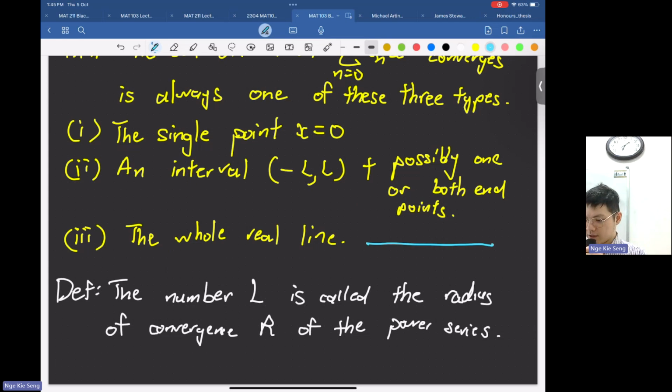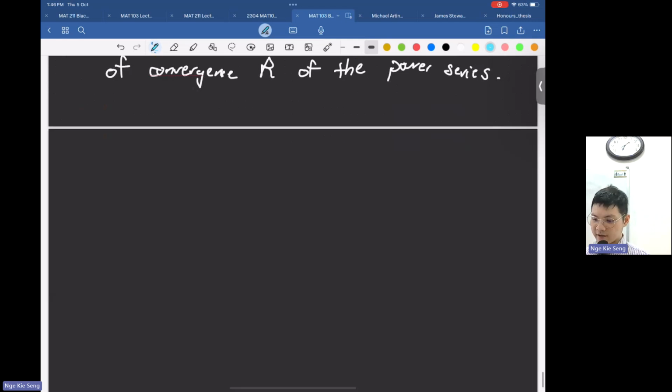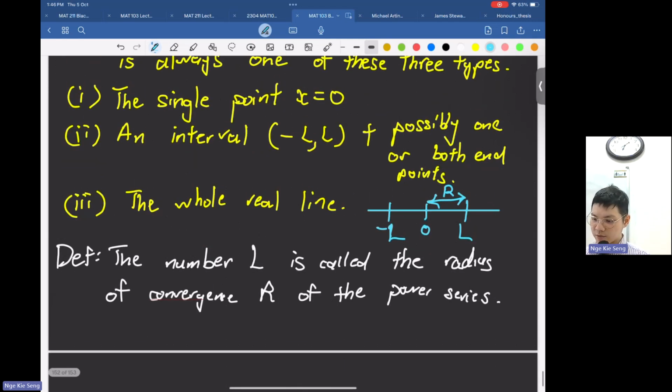So we got the interval minus L to L, and in the middle is 0. So here is your radius. In this case, we would say that the first case has r equal to 0.